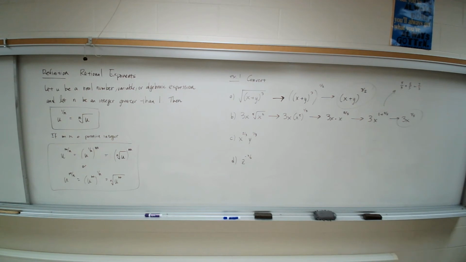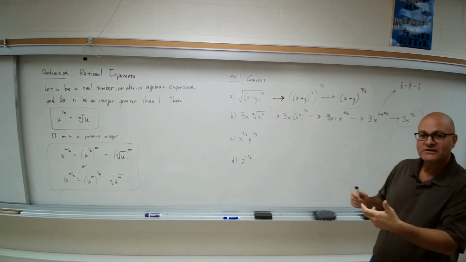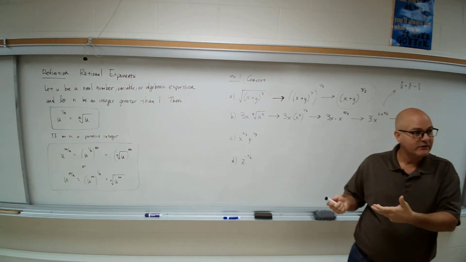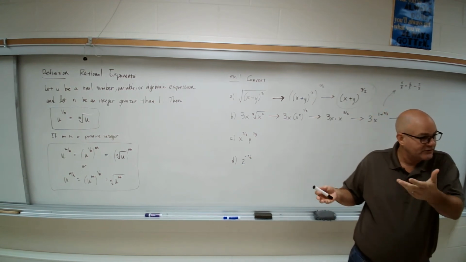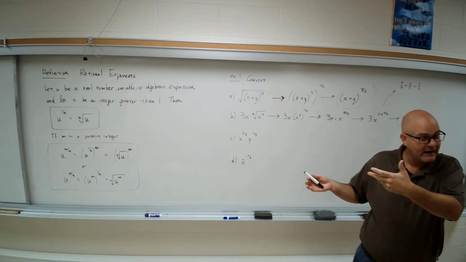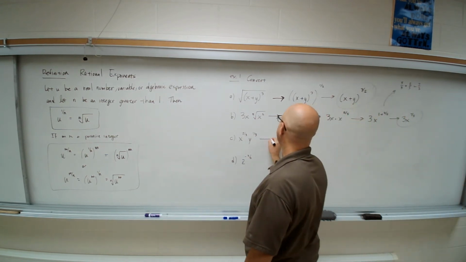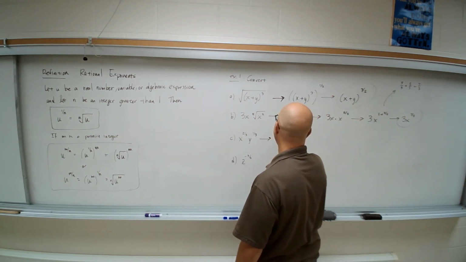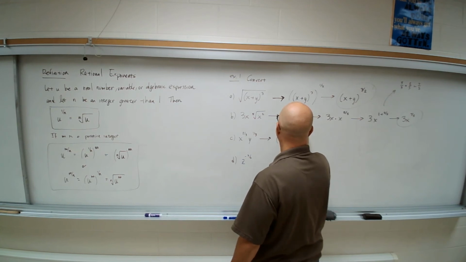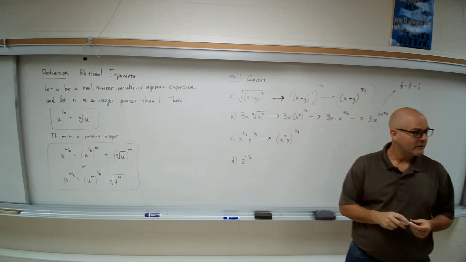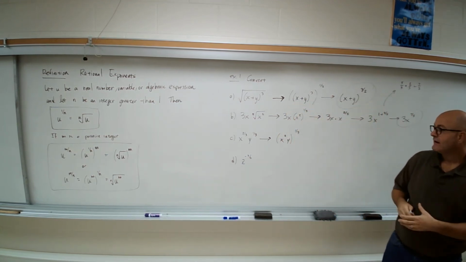we got a couple different options here, kind of how you want to do this. What I would tend to do here is notice they're both over 3. It's 2/3 and 1/3, correct? So probably our quickest way here would be to say x squared y to the 1/3 power.